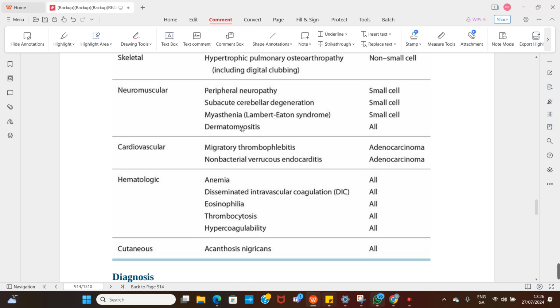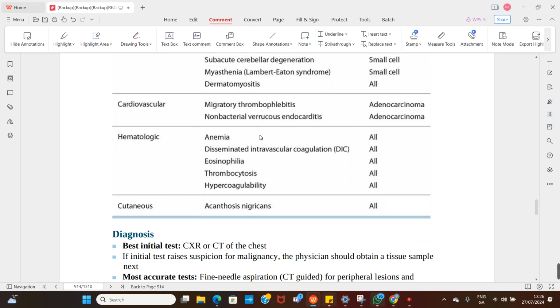All of them can cause dermatomyositis, although dermatomyositis is very common for ovarian.